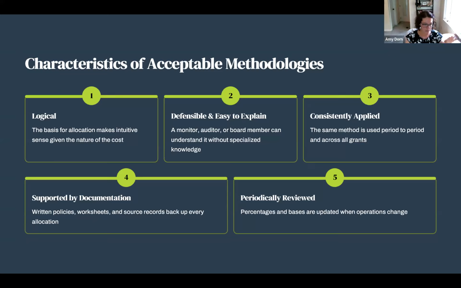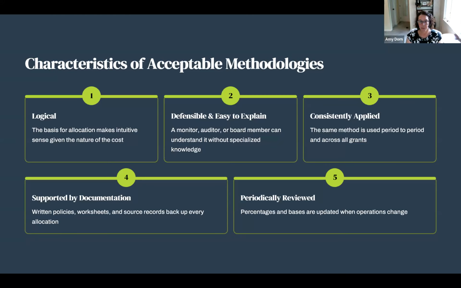The LIHEAP program used the copier this many times, and that's how you're allocating it. That's not easy to explain to an auditor, to a state monitor. They have to understand, okay, you went from here to here on this method, then from here to here on this method. It needs to be the simplest method that accomplishes the goal.